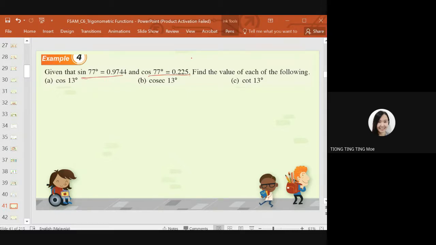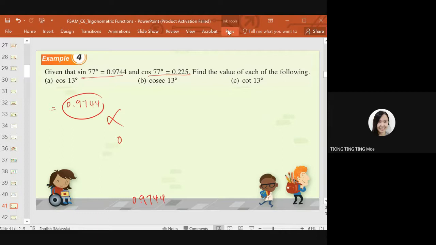Once the question gives you information like this, it means it doesn't want you to press your calculator and get the answer. If you press your calculator, for example, cos 13, you will get the answer 0.9744. If you write the answer straightforward like this, you will get 0 marks. Because you tried, if I use a calculator, I get this answer, right?